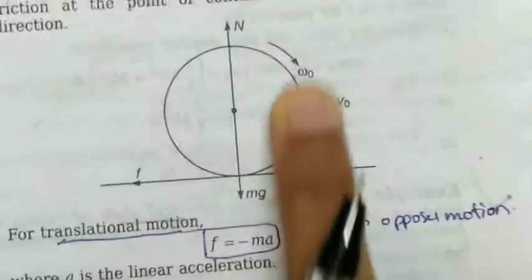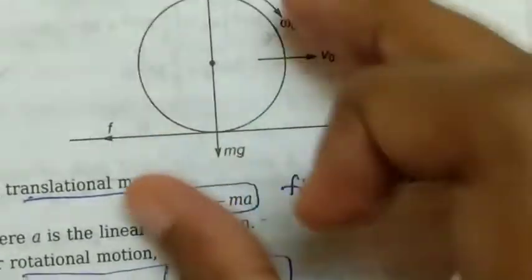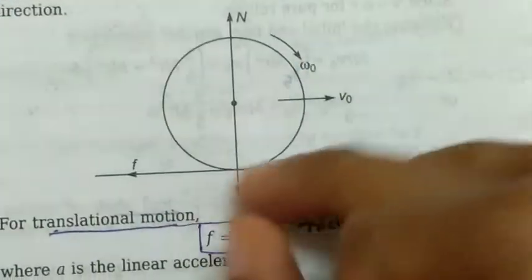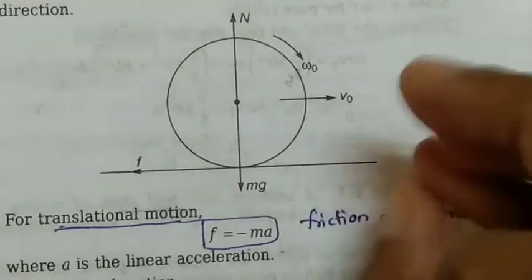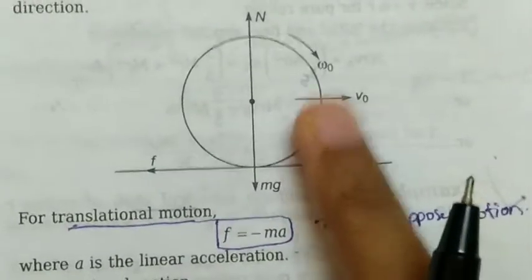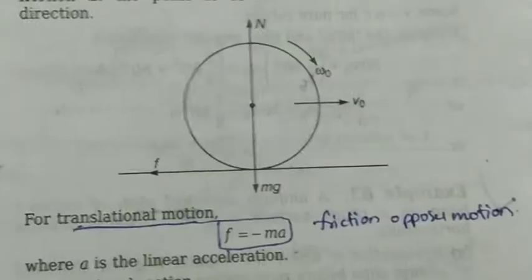The sphere is rotating, and because of rotating it is moving forward. If it is moving forward only because of rotation, then we would have v naught equals r omega naught. That we'll also see. But here it is given that v naught is greater than r omega naught.